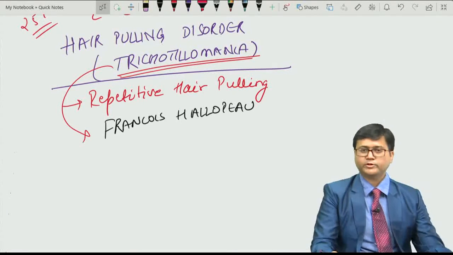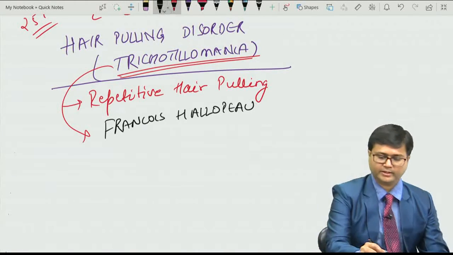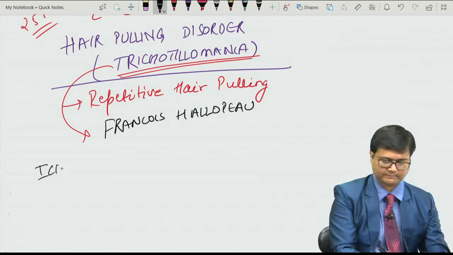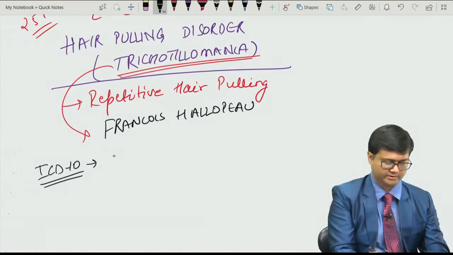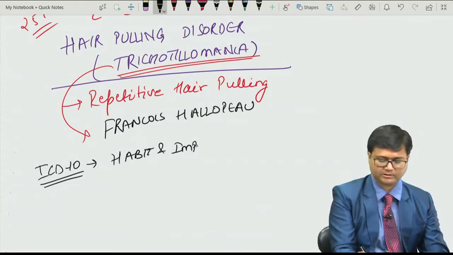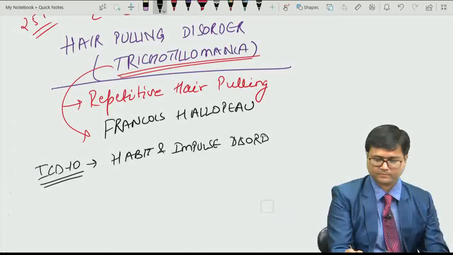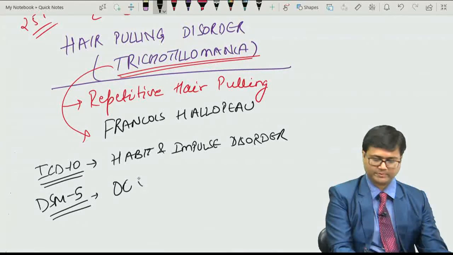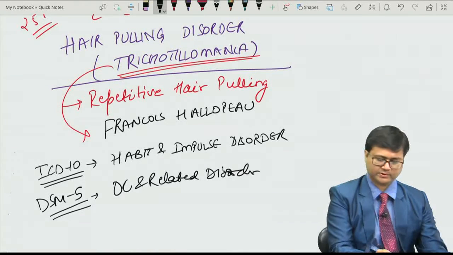Now, hair pulling disorder or the trichotillomania under ICD-10 is described under habit and impulse disorder, while in the DSM-5 it is described under obsessive compulsive and related disorders.